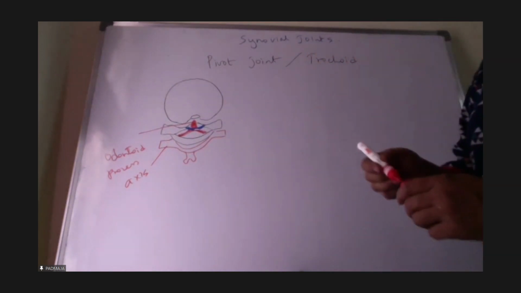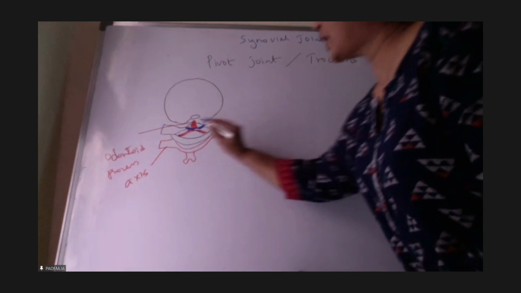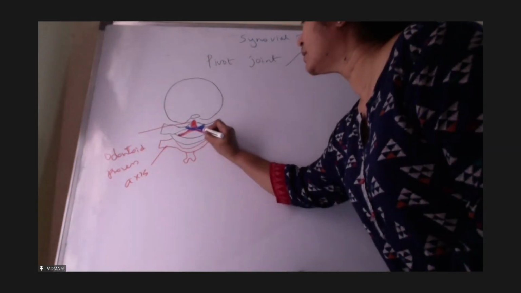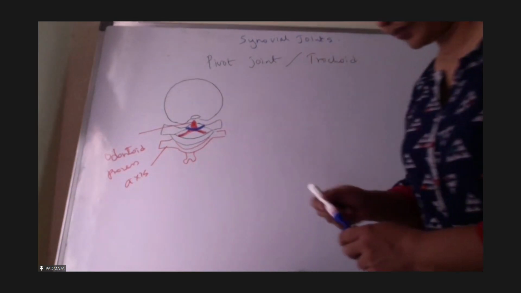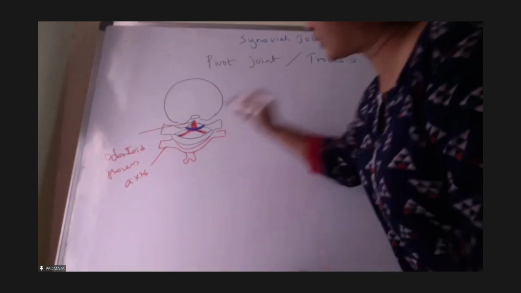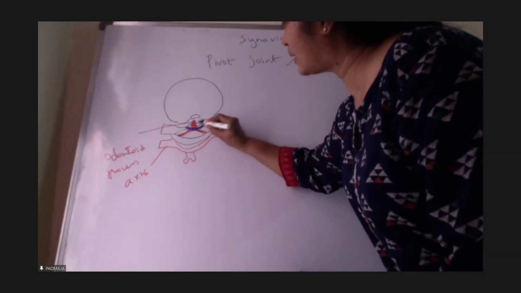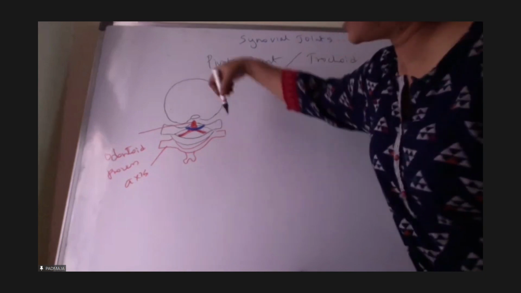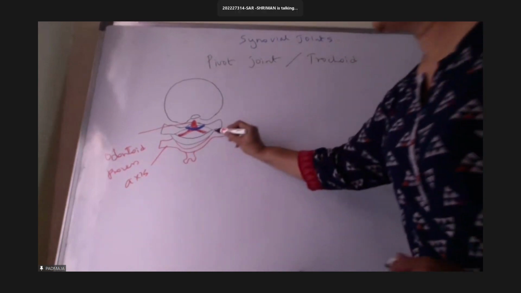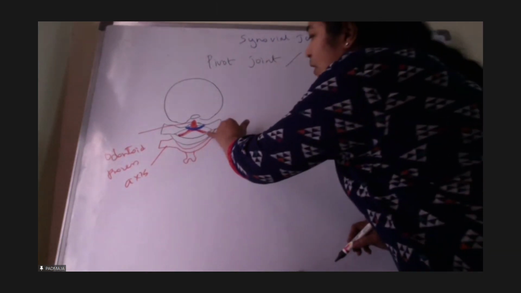And you know that blue band is the transverse ligament of Arden, and this part here enclosed by atlas is the odontoid canal. Already I explained you.